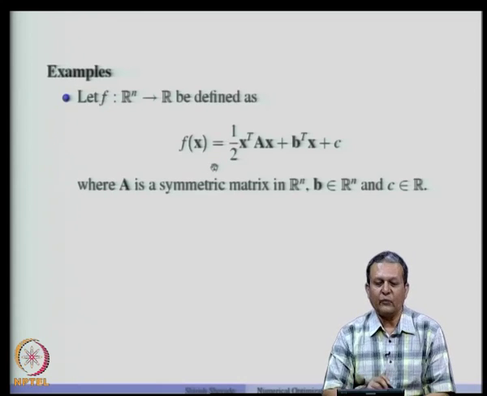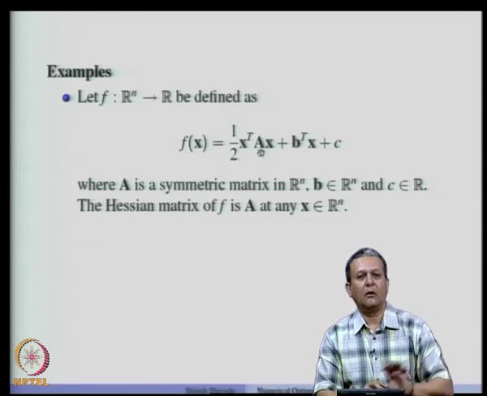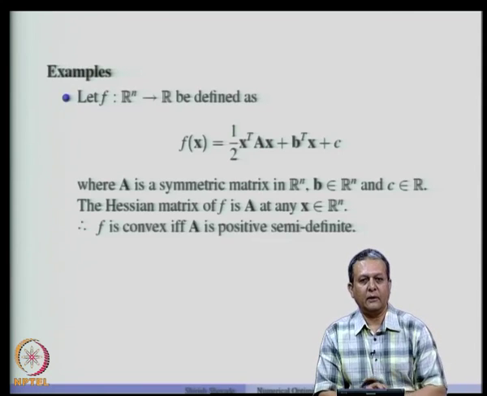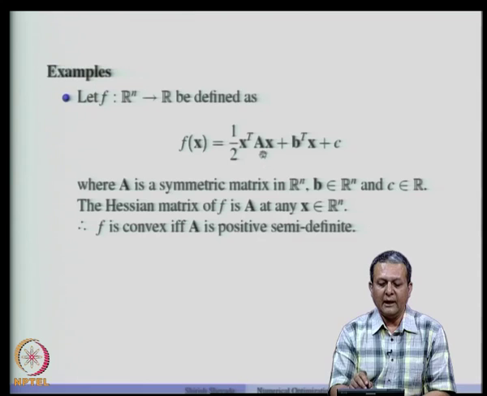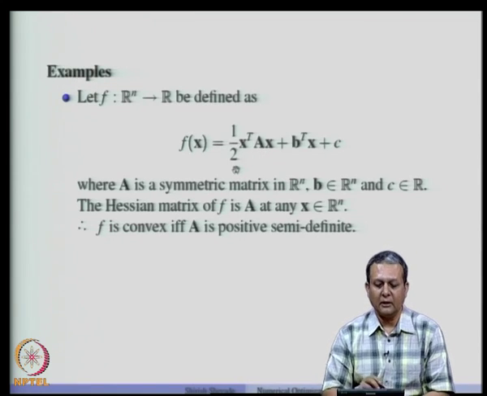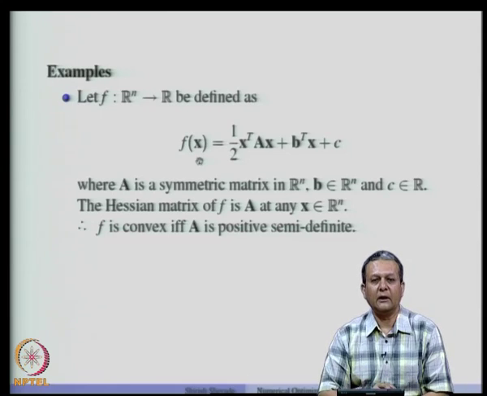So, this function is convex if and only if A is positive semi-definite. So, whenever A is positive semi-definite, this quadratic function in x is convex.